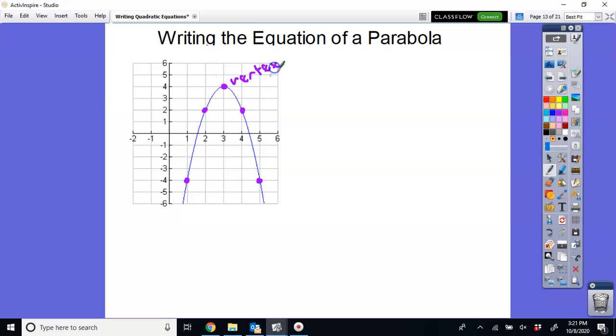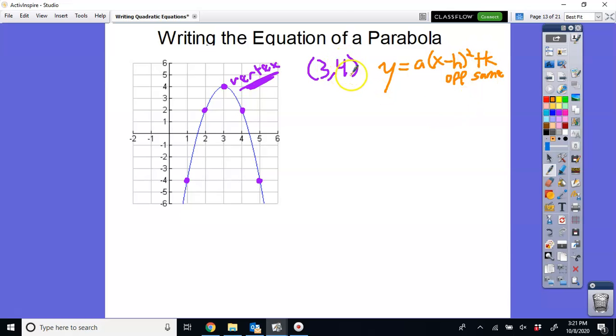Specifically, too, we have this really special point on a parabola called the vertex. So anytime I know exactly where the vertex is, in this case it's (3, 4), I always want to use that vertex form that I showed you on the other page, the (x minus h) squared plus k. Here's why. If I have the vertex, I know that the opposite of this number and the same as this number will give me the vertex.